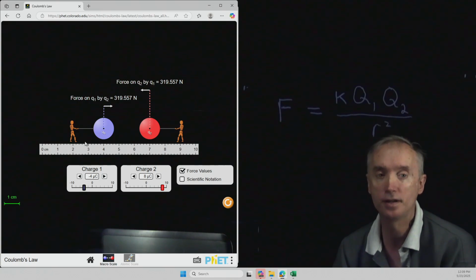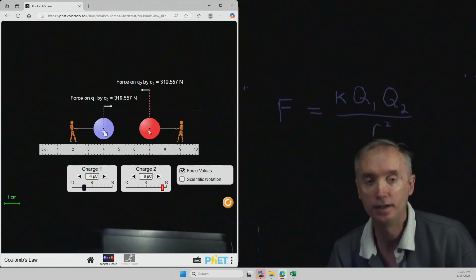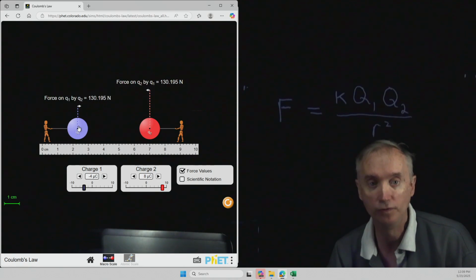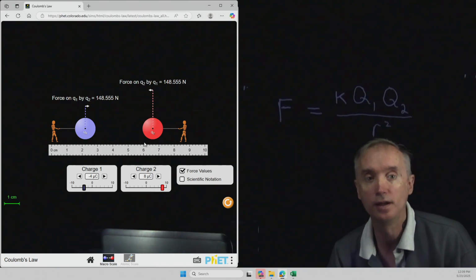Okay, and then this is the picture that you see in your lab. And then what you're going to notice is that if you grab these electrical charges Q1 and Q2, you can move them back and forth. And then you can also move the ruler back and forth if you want to. And then you can also change the charges. So the charge on this ball here is given down here.